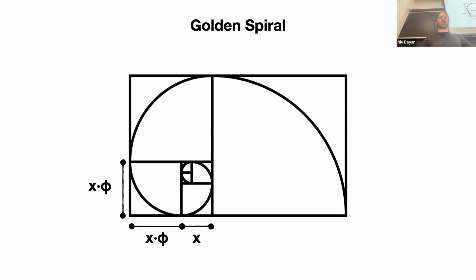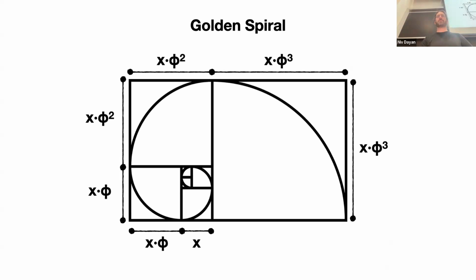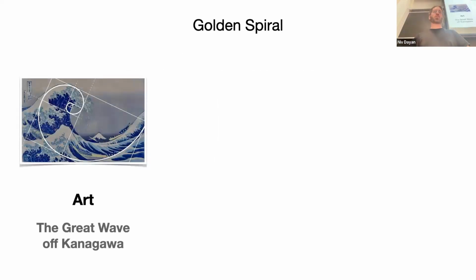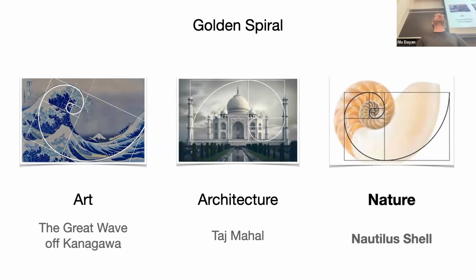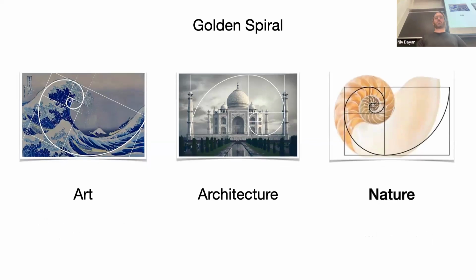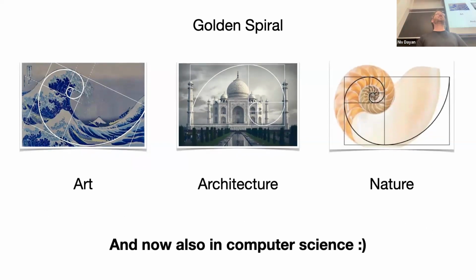This allows you to recursively draw out the spiral, and the spiral has been considered divine and beautiful and very aesthetic across many aspects of civilization. So you can find this golden spiral in art, you can find it in architecture, you can even find it in nature, and now we can also find it in computer science.